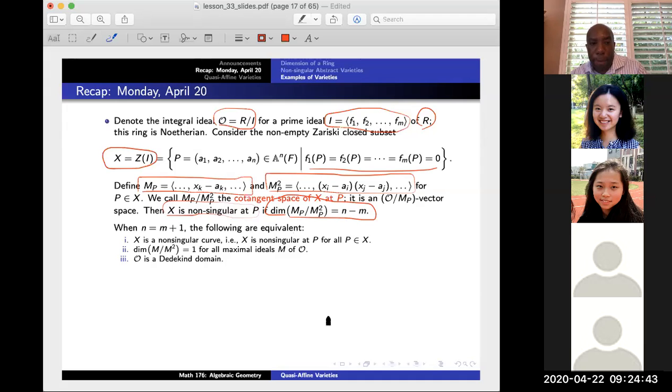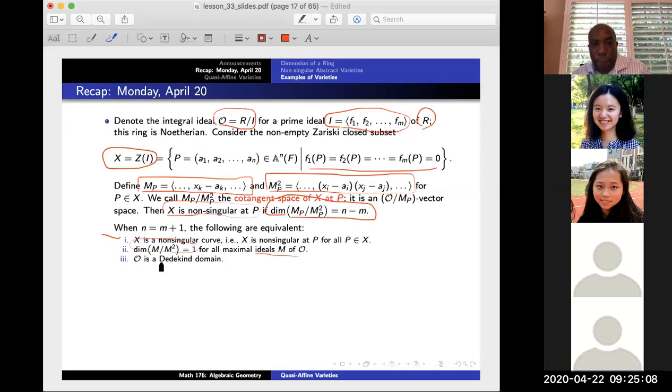But notice that this happens at each and every point P. So when n equals m plus 1, that is that the number of variables is 1 more than the number of equations, then we can say the following. We have a non-singular curve if and only if this cotangent space is one-dimensional for all maximal ideals.